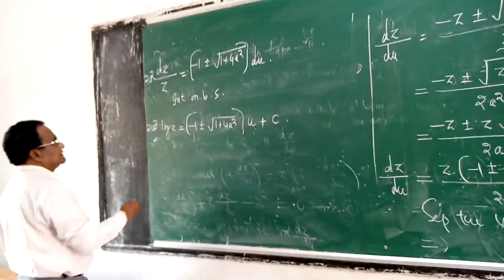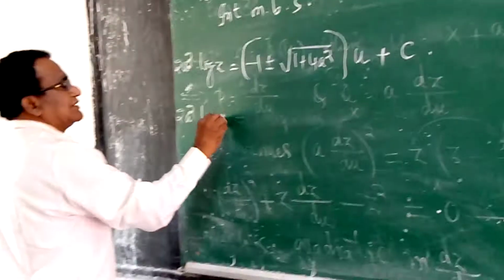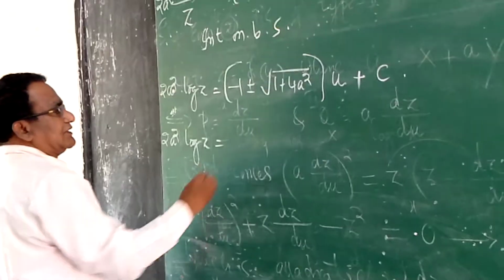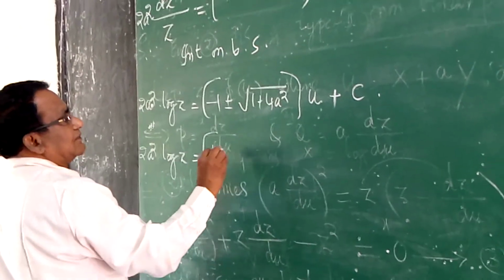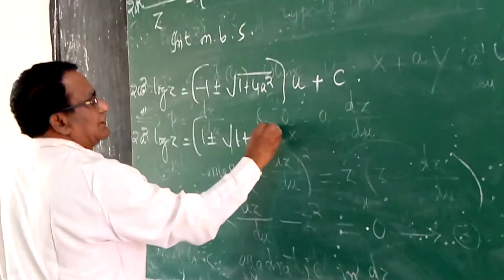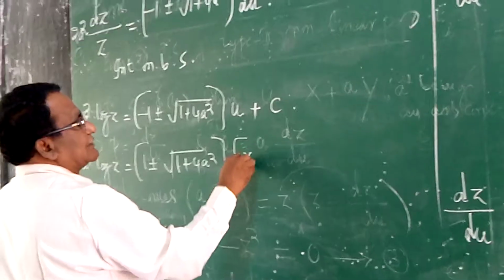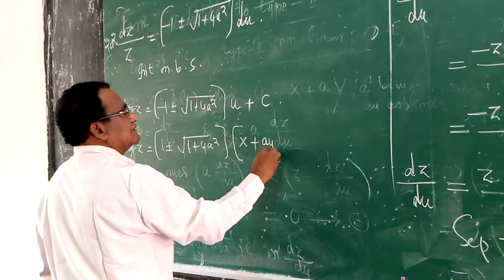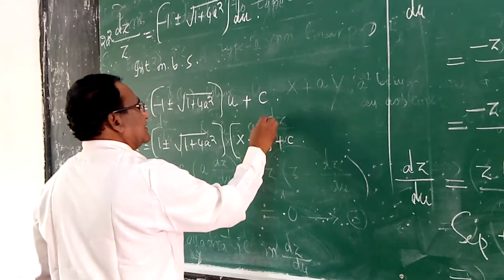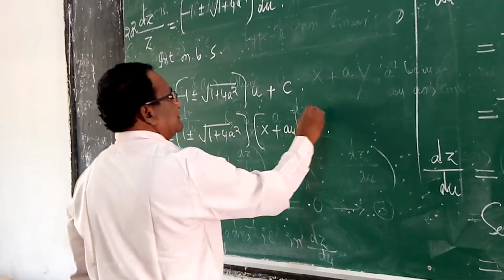That is 2a squared into log z, write it as it is, is equal to minus 1 plus or minus square root of 1 plus 4a squared into u, where u is capital X plus ay, plus c. U is x plus ay plus c.